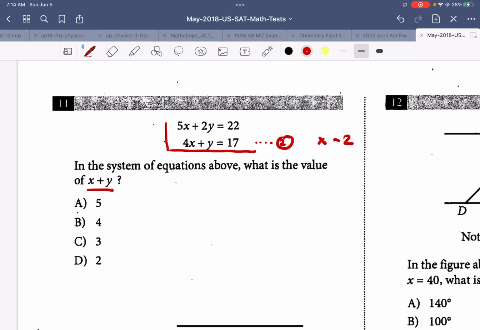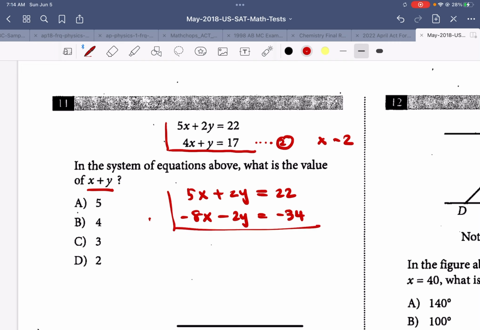Then I'm going to copy the first equation, 5x plus 2y equals 22. Second equation, if you multiply by -2, -8x minus 2y equals -34. Now let's add up. Then this one cancels out. -3x equals -12. So x equals 4.